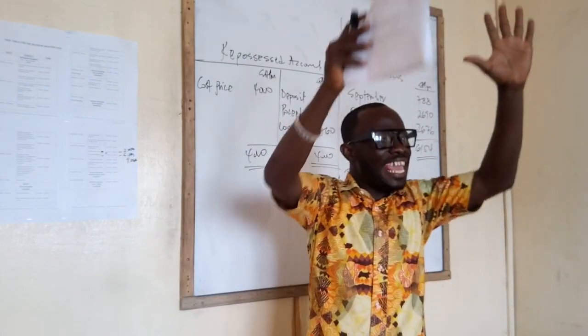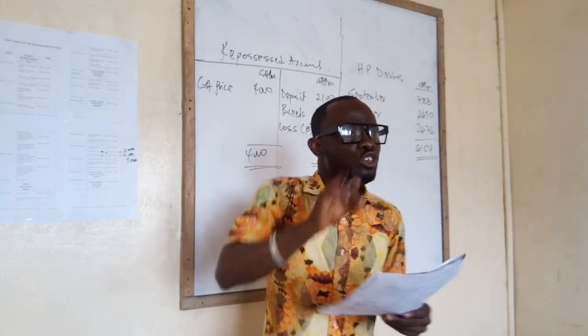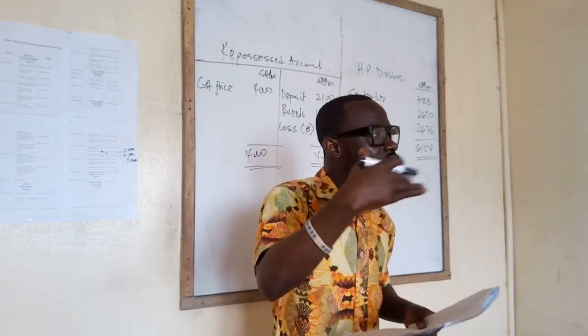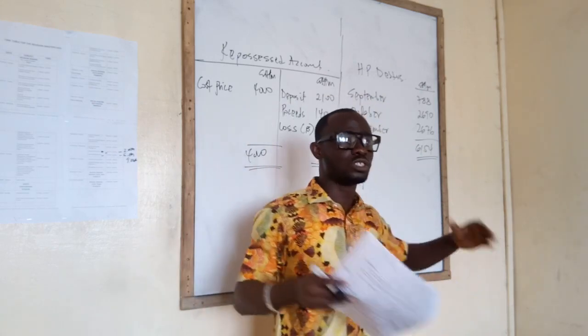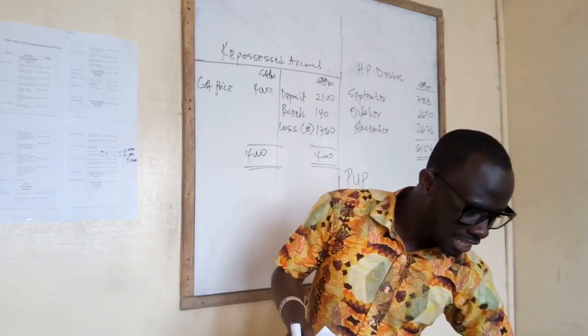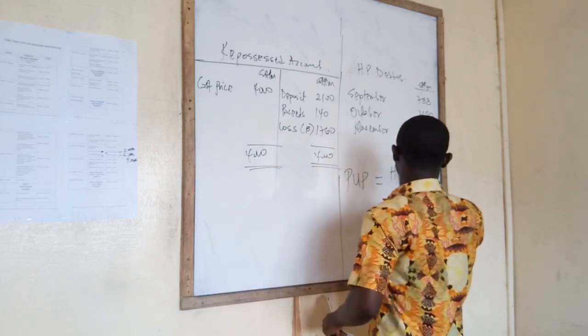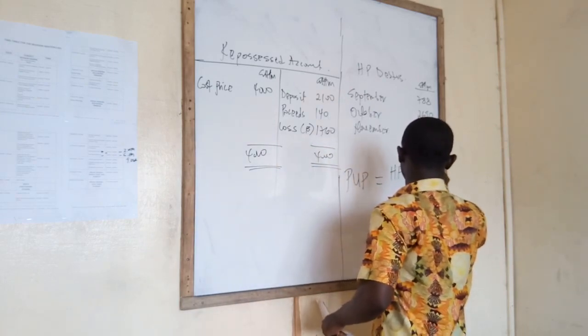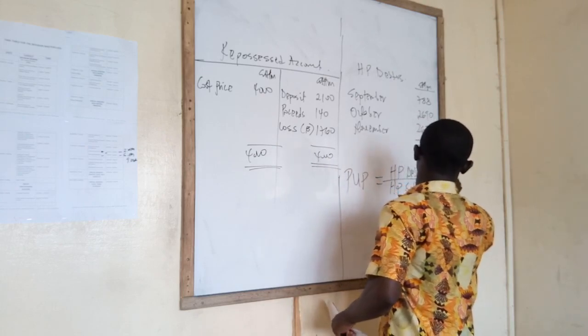Because when you are preparing the income statement, you've sold the goods, but you've not received the money yet. So you have to make provision for unrealized profit. With that one, the provision for unrealized profit is going to be the hire purchase debtors divided by the hire purchase sales times 100%.